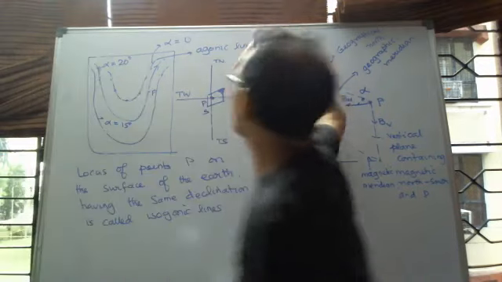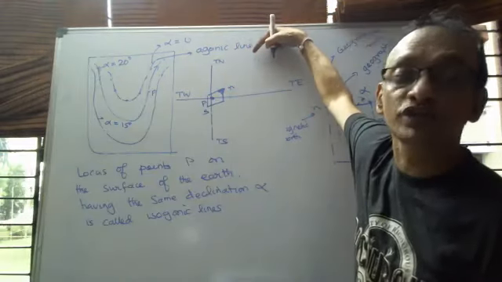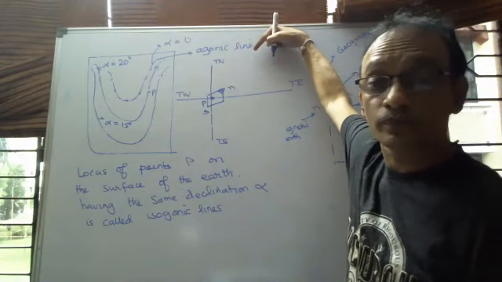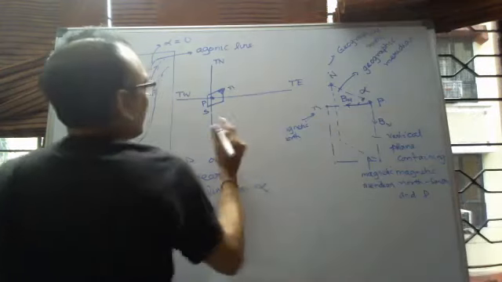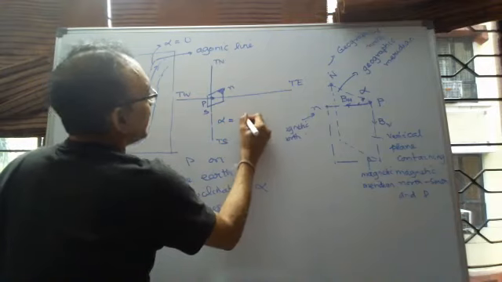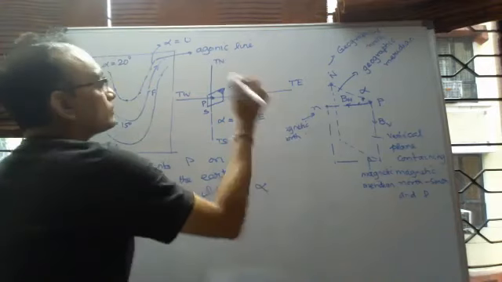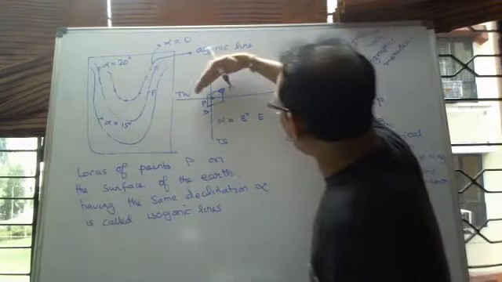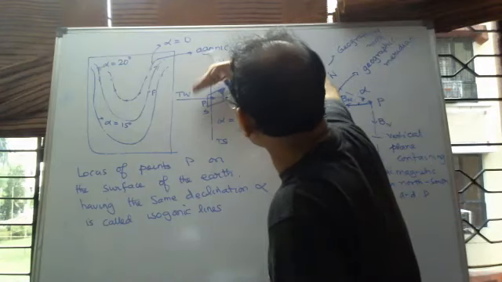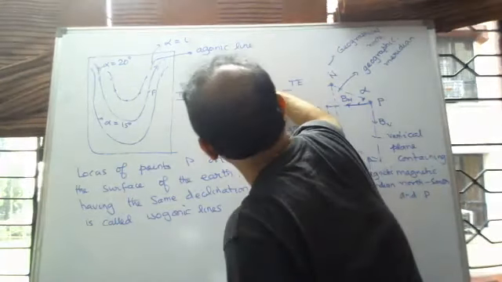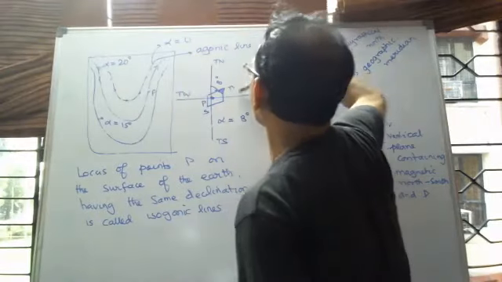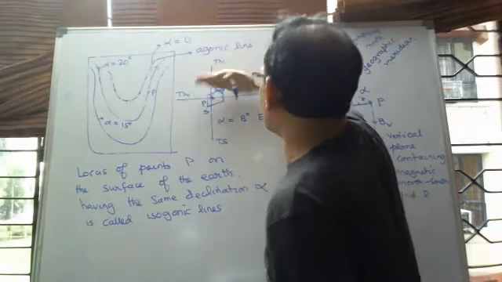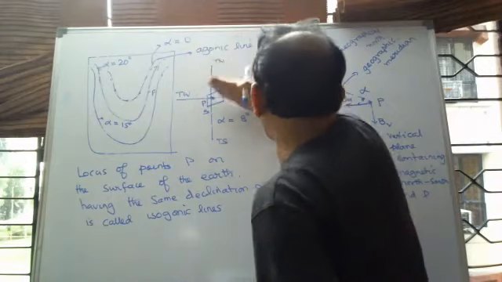Is it showing you the geographical north? No, it is showing you the magnetic north. And suppose alpha at this point is 8 degrees east. That means the deviation from the true north direction is 8 degrees towards the east. Magnetic north is deviated from true north by 8 degrees east.